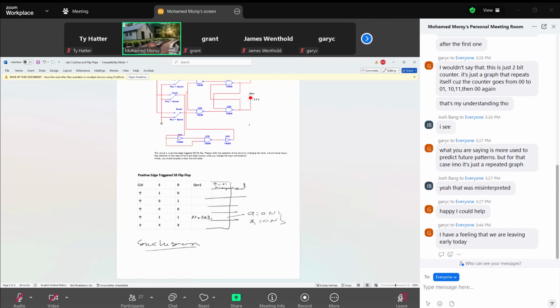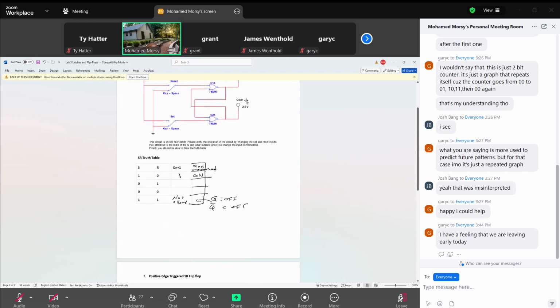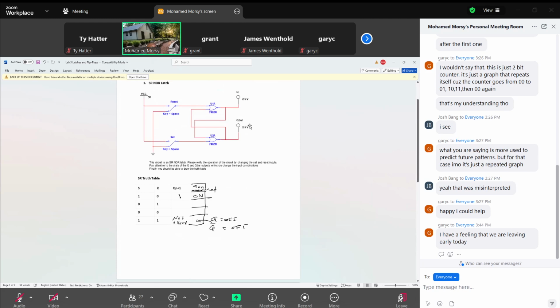So this lab shows that for S and R simultaneously at logic high, the output is not allowed. I mean, this is not allowed because we don't know the output. For example, for SR latch, we see the Q and the Q inverted are off or logic low, which never happened.